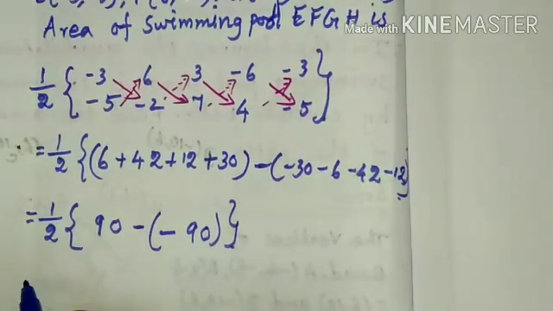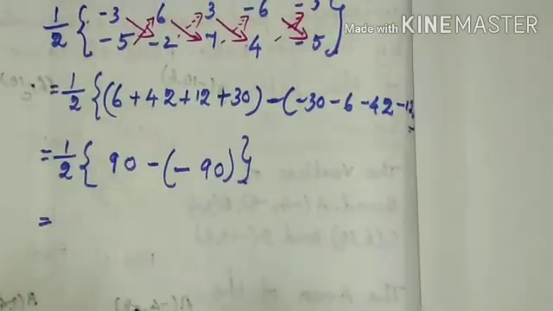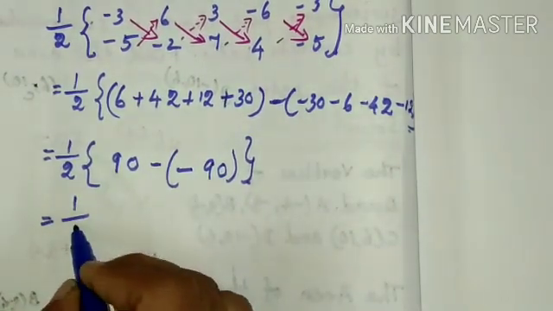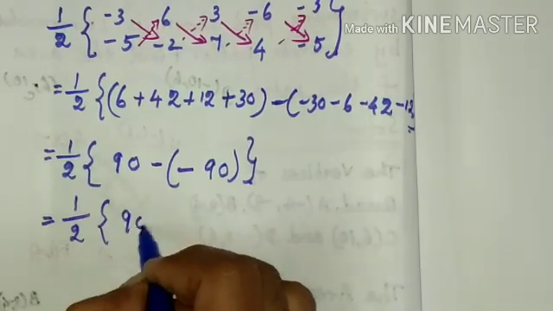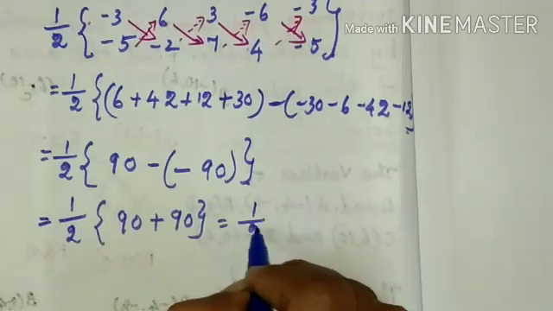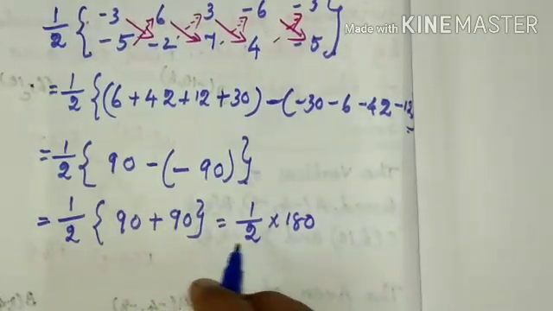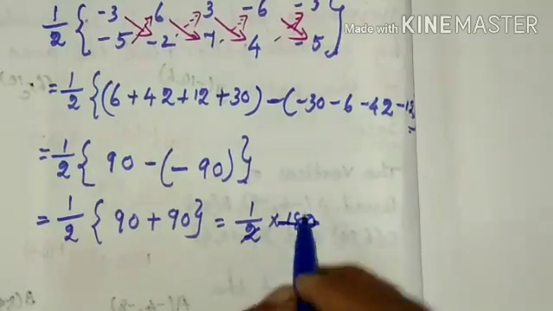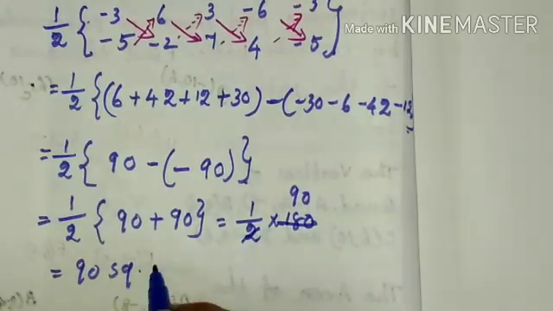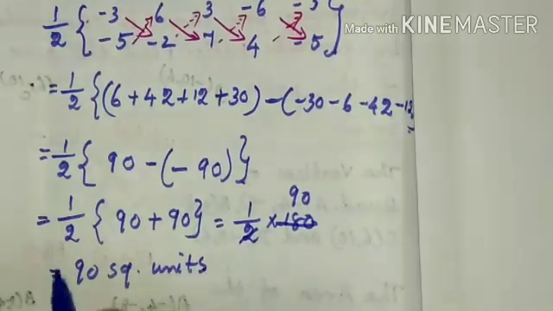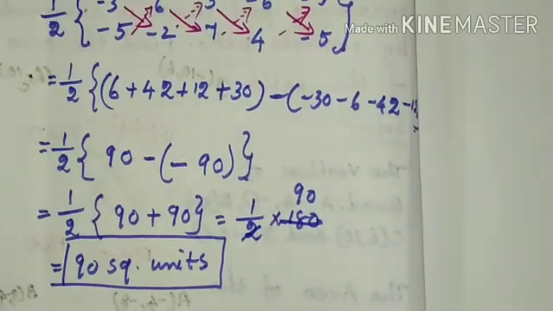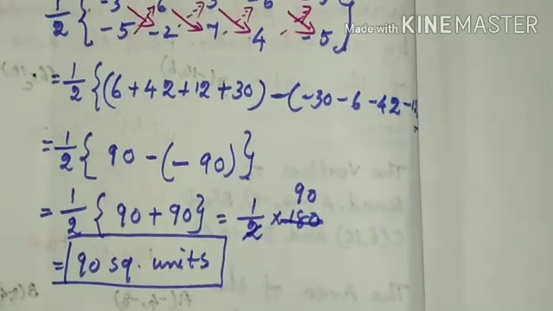Then the answer is, now again you simplify: half into 90 plus 90, that is equal to half into 180. Now cancelling by 2, we get 90, that is 90 square units. This is the answer for the second step, that is the area of the swimming pool EFGH.